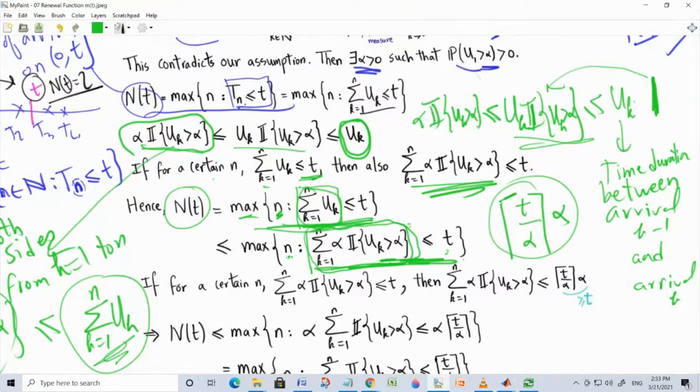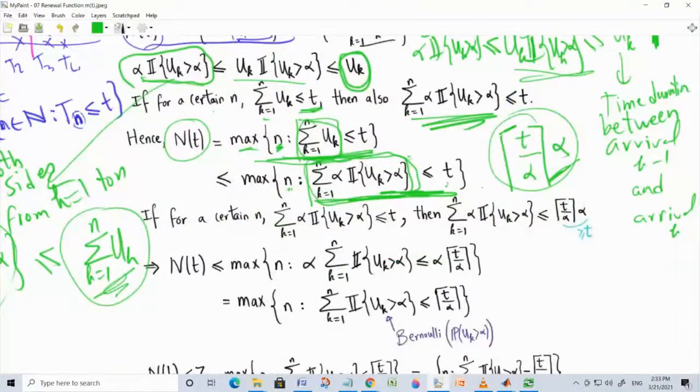So if this summation is less than or equal to t, then it's guaranteed to be less than or equal to this thing here, which again it's not very clear why we will do something like this. It will be clear in a minute. So we replace t by the ceiling of t over alpha multiplied by alpha.